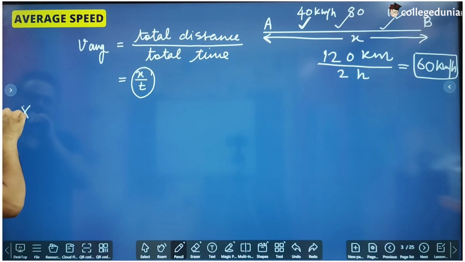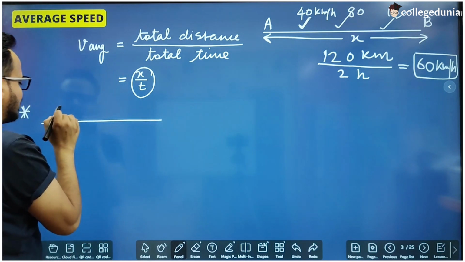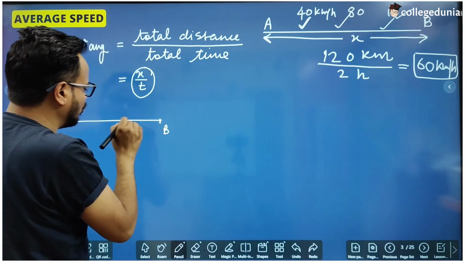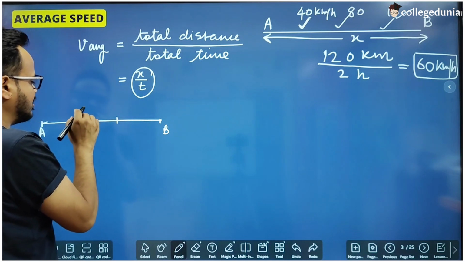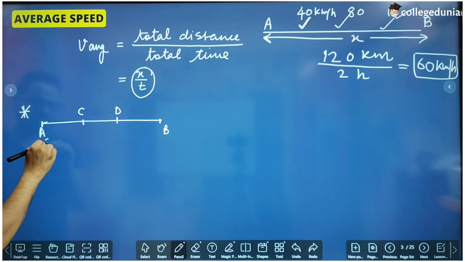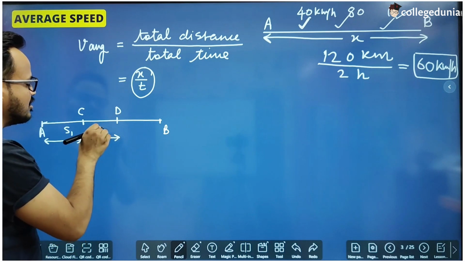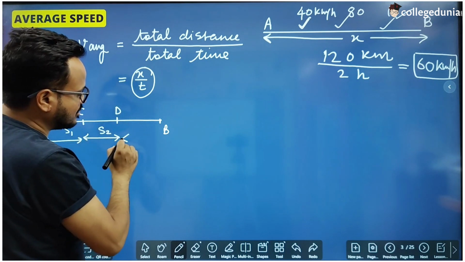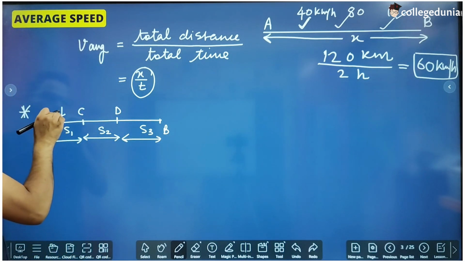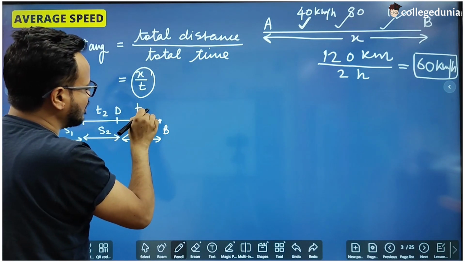So in numericals, we are going to find 2-3 situations and we are going to discuss those situations. In the first situation, the whole path of the motion of the body will be divided into 2-3 parts. Let's divide this into 3 parts. This is point C and this is point D. It is given that the distance AC is S1, the distance CD is S2 and the distance DB is S3. And the time taken by the body to move from A to C is T1, from C to D is T2, from D to B is T3.